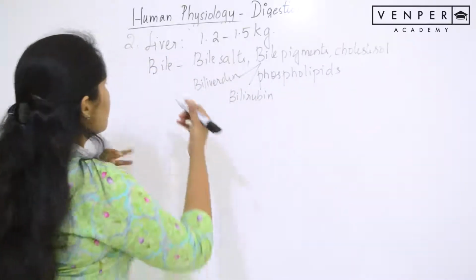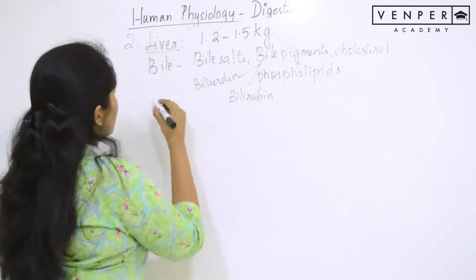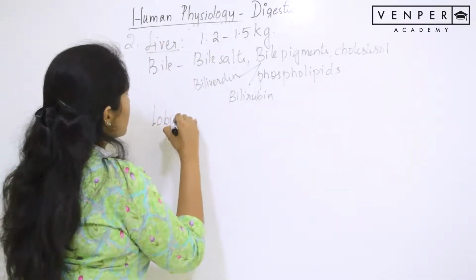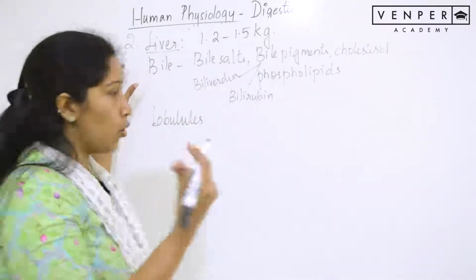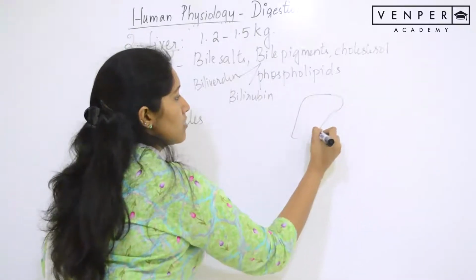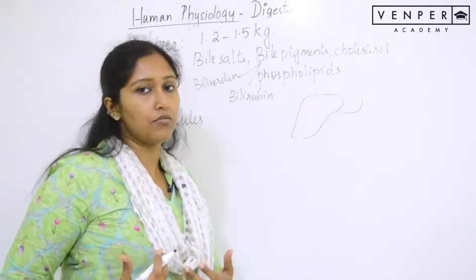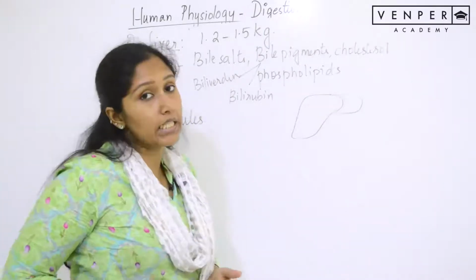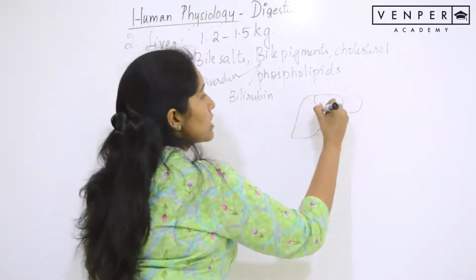The liver is composed of lobules. So liver has two lobes. So you can imagine something like this. This is kind of the structure of the liver. So it is located on the right side of the body, just below, inside the rib cage, just below the diaphragm, and it has two lobes.